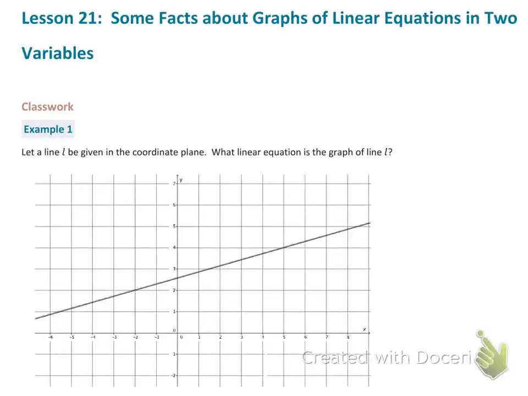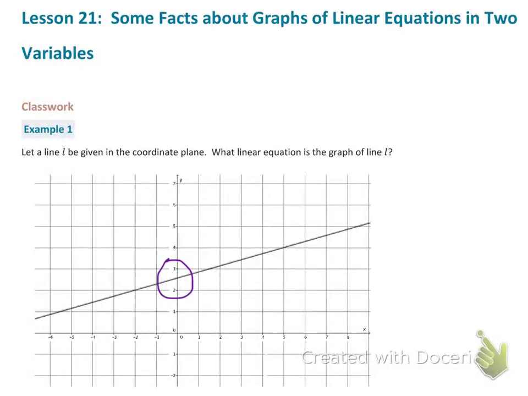Looking at example 1, we're asked to recognize that this is a line in the coordinate plane. What linear equation would be the graph of line L? We were asked to do that before, but we relied on knowing the y-intercept.